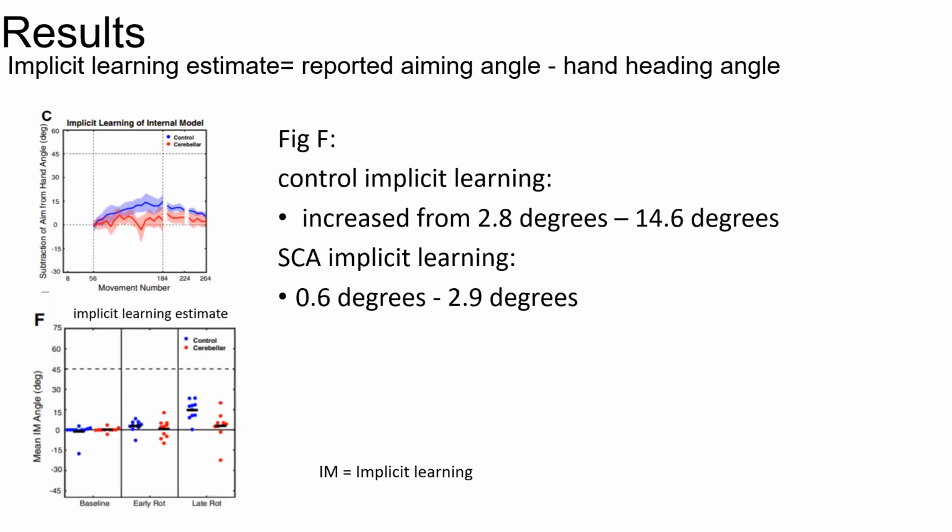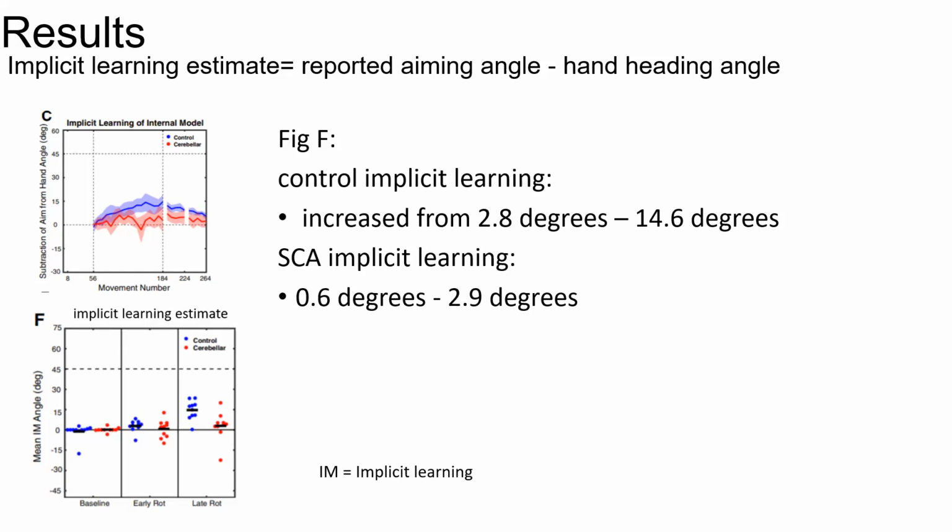Moving on to the real meat and potatoes of this research, we have the results on implicit learning, where again, implicit learning is calculated by subtracting hand heading angle from reported aiming angle. In figure C, we see that generally the control group had larger gains in implicit learning over the course of the rotation block.